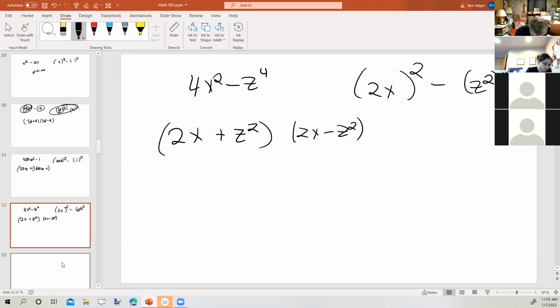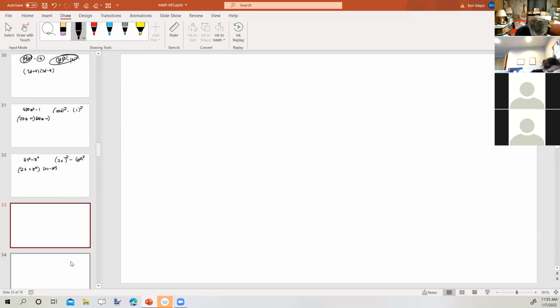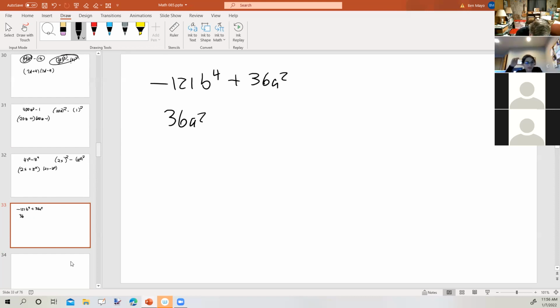How about this one? Negative 121b to the fourth plus 36a squared. There's a couple of different ways we can approach this. We could rewrite it so that it's the difference rather than the sum of a negative number and a positive number.